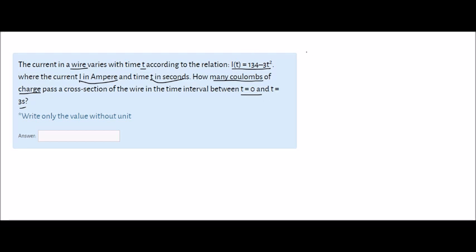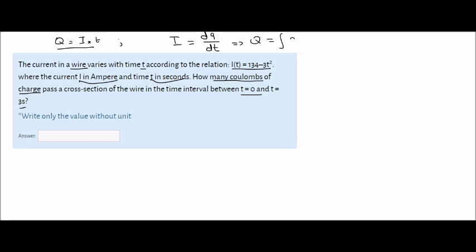What is the relation between current and charge? Well, the charge is equal to current times time, but this is when the current is uniform. Here we have current changing with time. What is the true definition of current? That's dq over dt, the derivative of charge with time. So what is the charge?